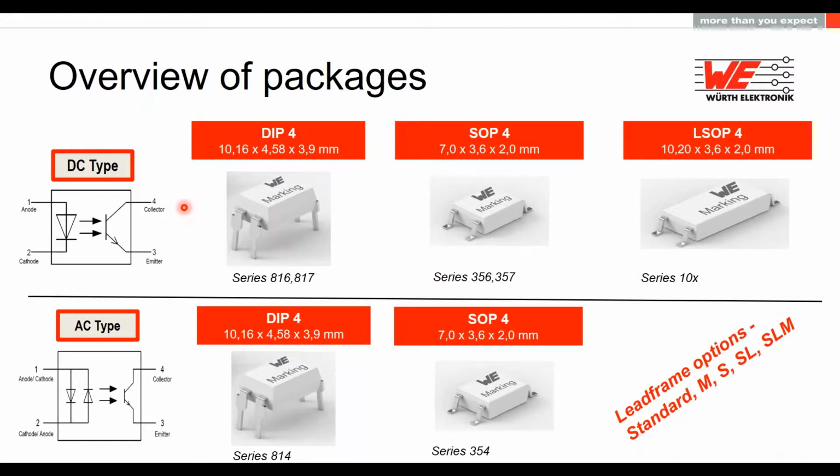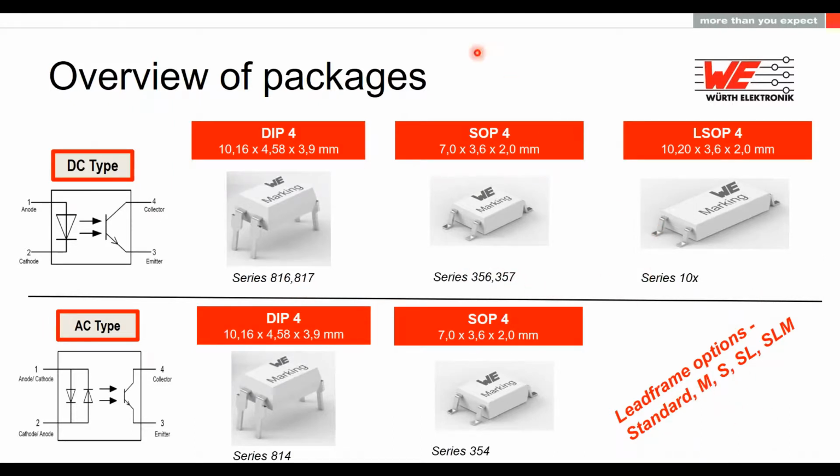The customer or the engineer also has the opportunity to choose between a DC input, as you can see here, or an AC input, which you can see in this picture, where you have two LEDs inside. And here you can see the suitable series for each package. For the DIP4, we have the series 816, 817, and so on.